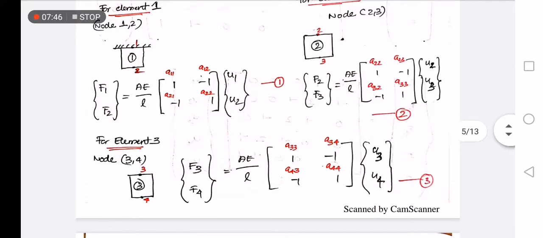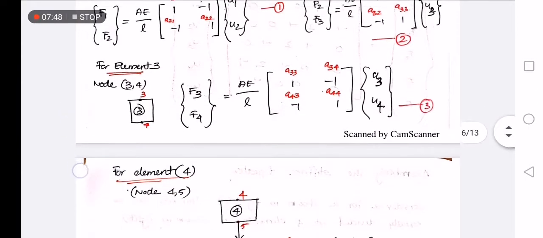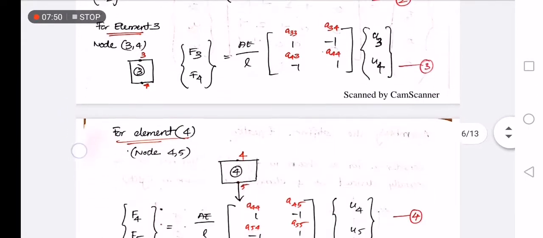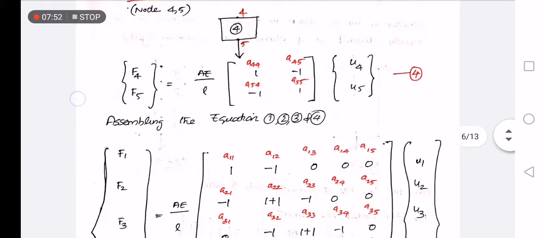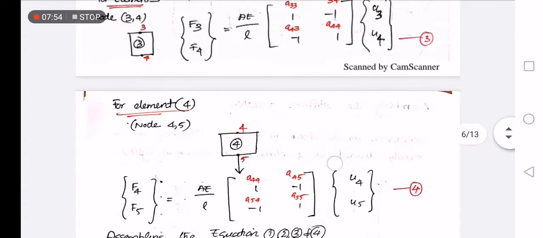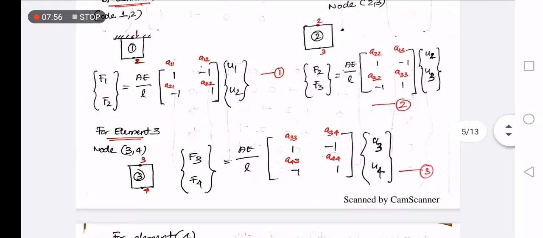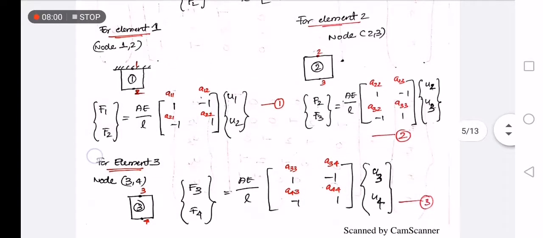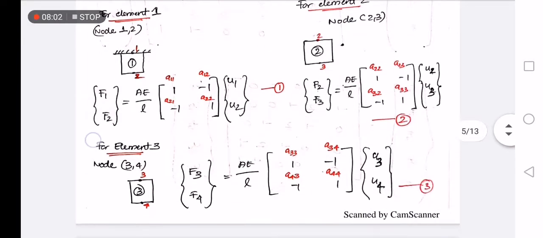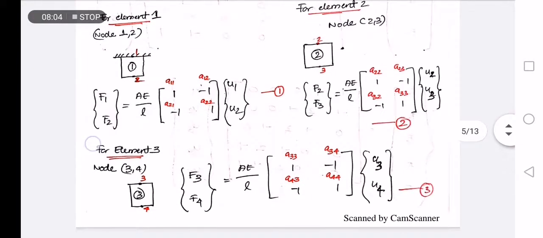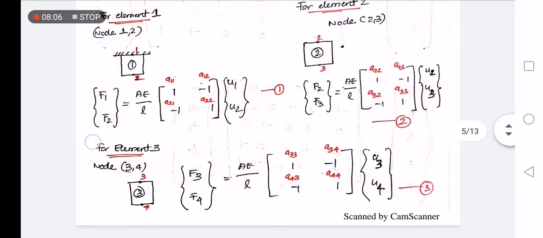So after applying this for element 1, 2, 3 and 4, we will combine this. You can see that I have marked A11, A12, A21, A22 for each element. Element 1 is A11, A12, A21, A22.